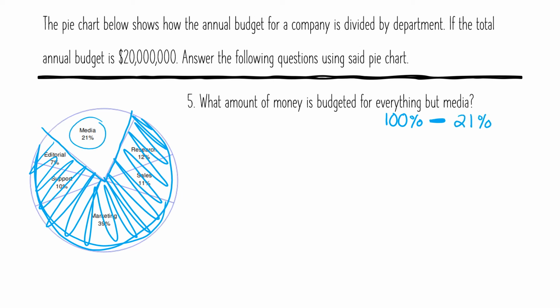So we're taking all of our pie chart, and then we're removing this 21% from it. 100 minus 21 is equal to 79%. So we need to find 79% of our budget.